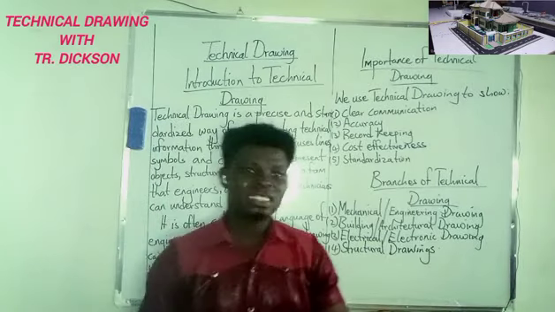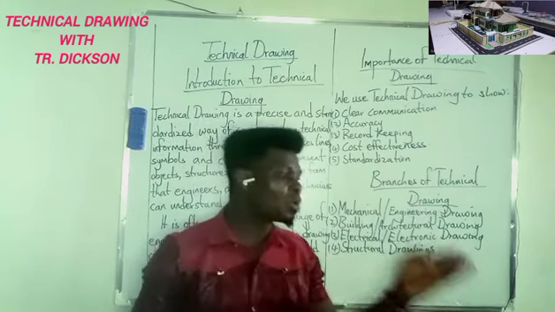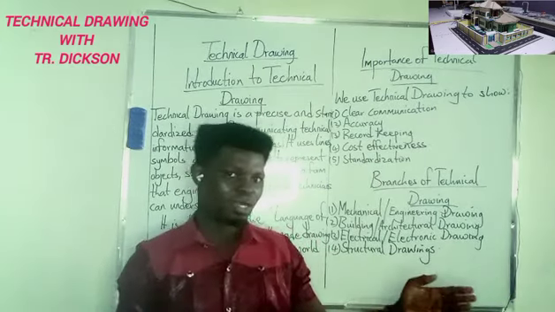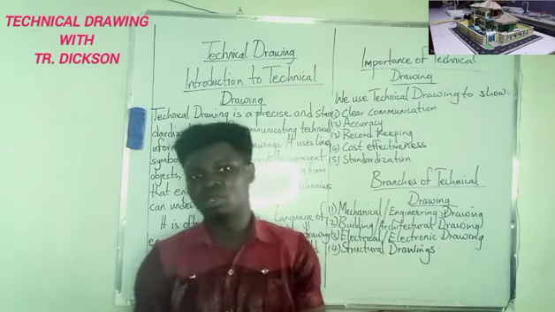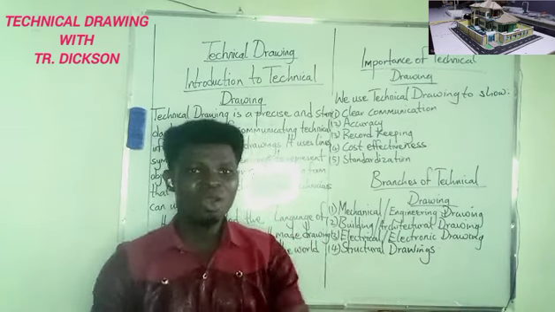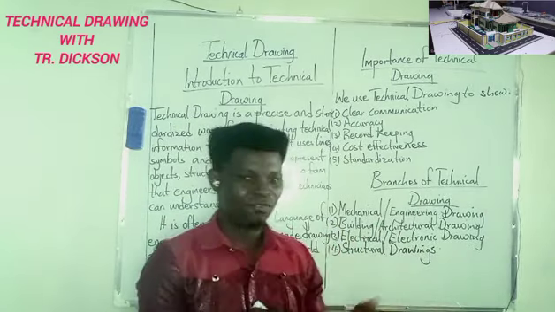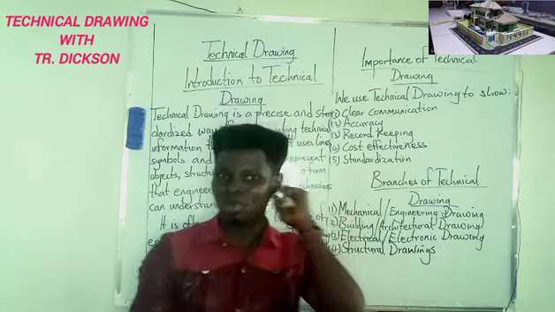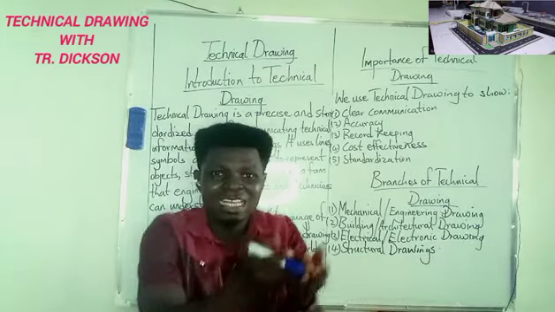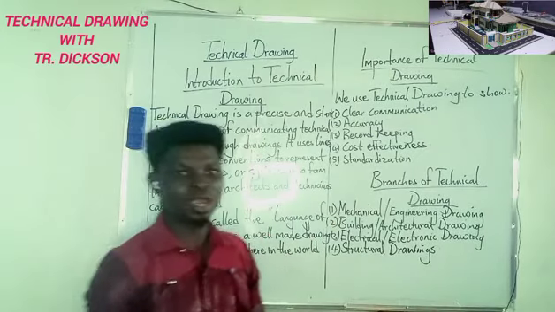Now, as time goes, maybe in a decade's time, some other person wants to produce that kind of plastic seat that I produced. That person doesn't need to start a new drawing. All he needs is to go to where I kept the record for this particular one that I produced, and then pick it up, look at it, interpret, and then produce it. So that's why we say it is a way of showing record keeping.